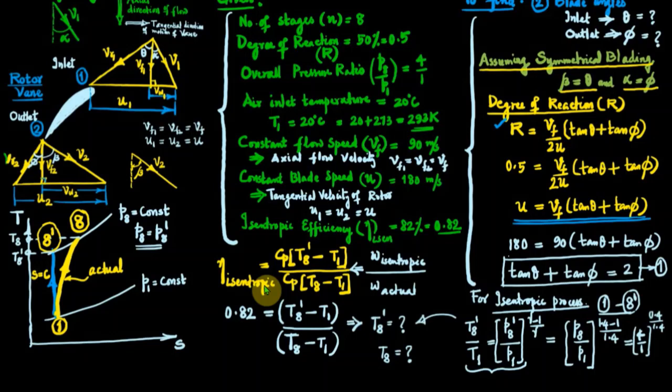So you have to assume that V1 is equal to V8, and in between, for every stage after passing through the rotor and then diffuser, V1 increases to V2, then V2 decreases to V3 and so on.